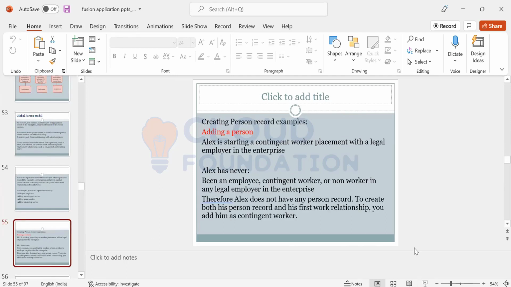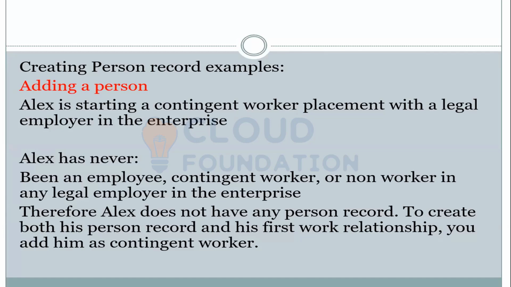Adding a person's record. Alex is starting a contingent worker placement with a legal employer in the enterprise. That means he's going to add a person's record in the application.